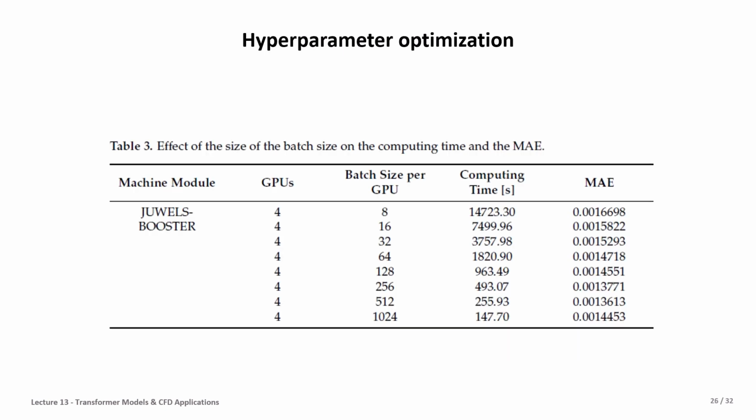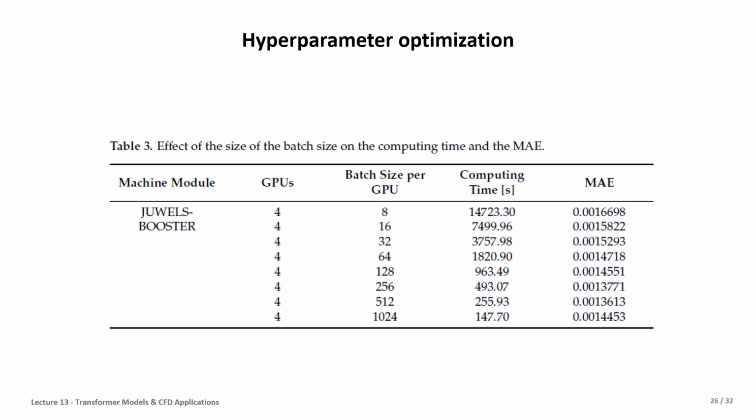Regarding the hyperparameter optimization, here I'm presenting an example on the JUWELS Booster, where you can see 4 GPUs. Here, the hyperparameter tuning works with the batch size per GPU, and you can see that when the batch size increases, the mean absolute error went down, and at a batch size of 512 it gets the minimum value, and after that it went up again.